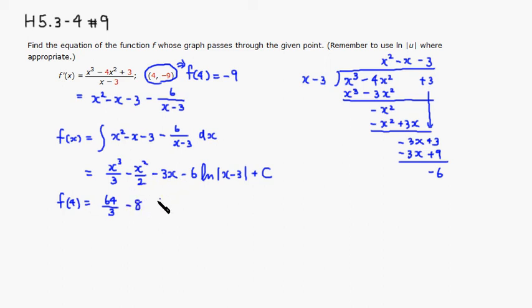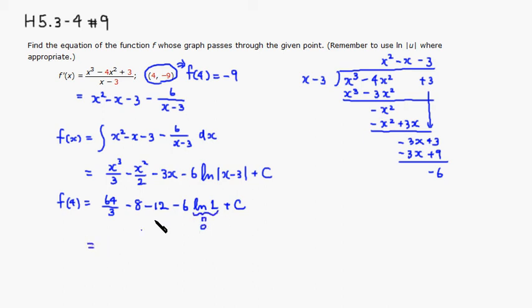And 4 times negative 3 is negative 12. Minus 6 times the natural log of 4 minus 3, which is 1, plus some constant c. But the natural log of 1 is 0.